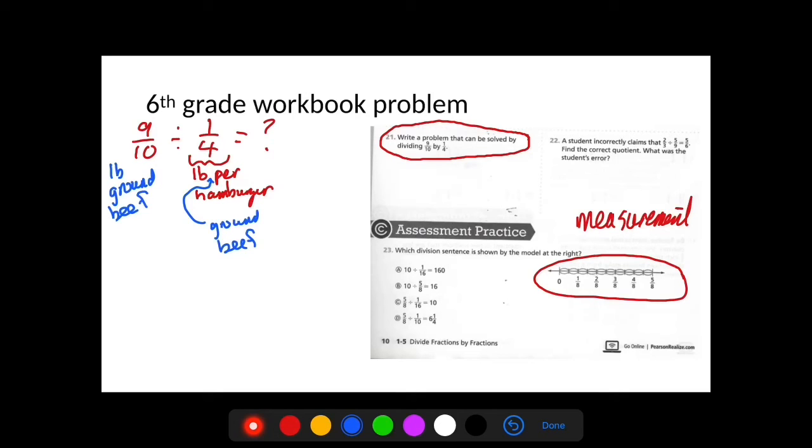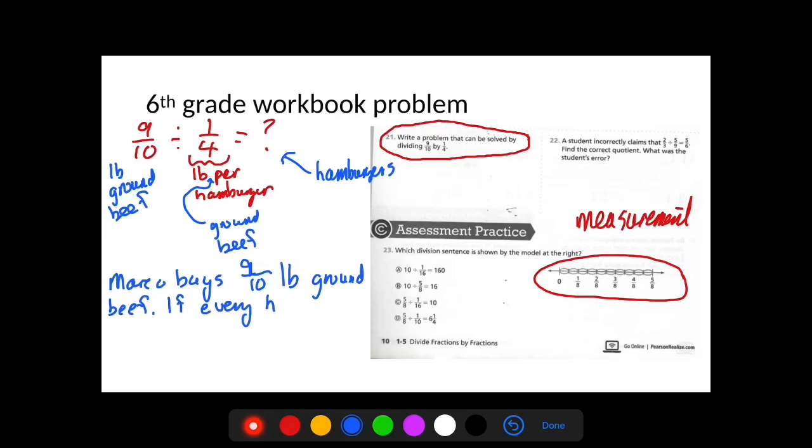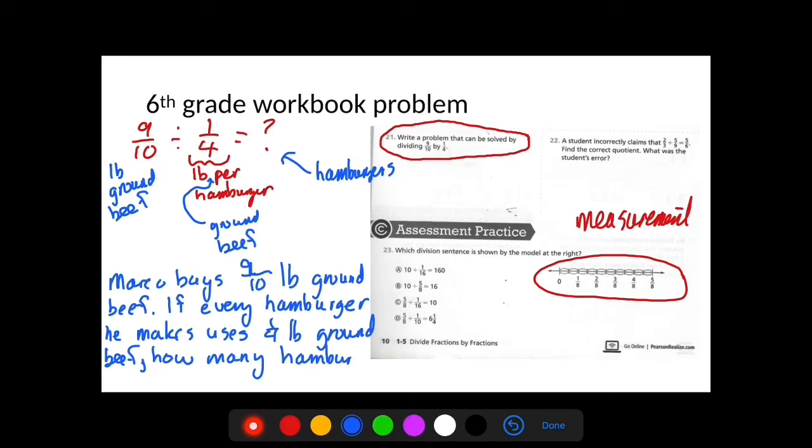And I'm going to answer the question, how many hamburgers can I make? So here's a problem that matches that. Marco buys 9/10 a pound of ground beef. If every hamburger he makes uses 1/4 a pound of ground beef, how many hamburgers can he make? So here I thought about the context.